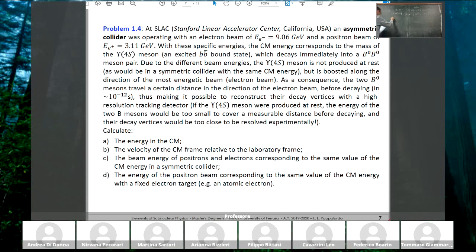And so we can now substitute the values. It's 9.06 GeV minus 3.11 GeV. This turned out to be 5.95 GeV. To make it formally correct on the units, we are still talking about momentum, and the numerical value is the same as the energy, so to be correct we have to put a c here.